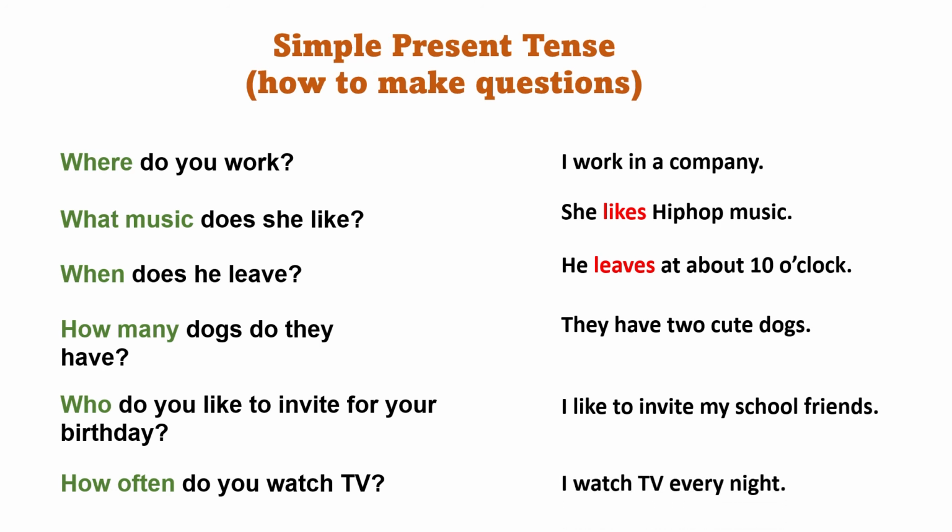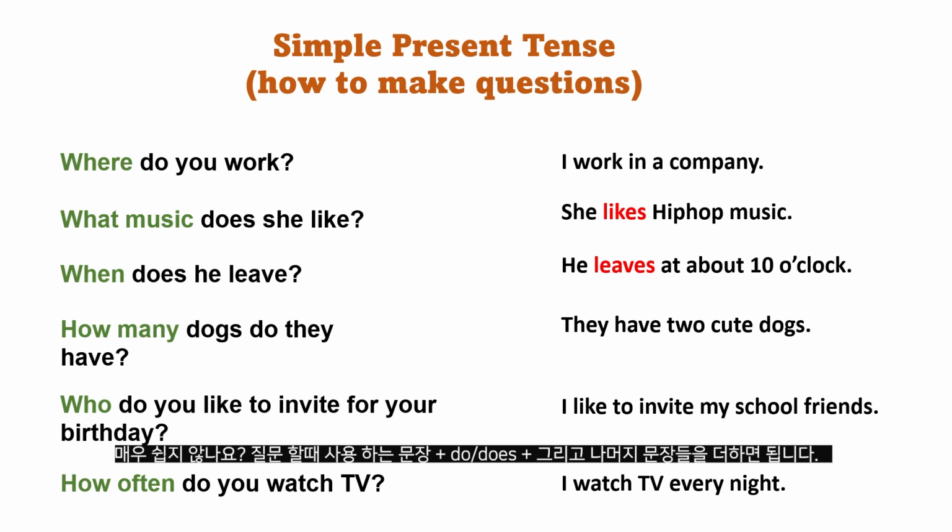I watch TV every night. We have you, so we use do, and then how often at the beginning of the question. It is easy, right? We only need our question words, do and does, and then we make our questions.